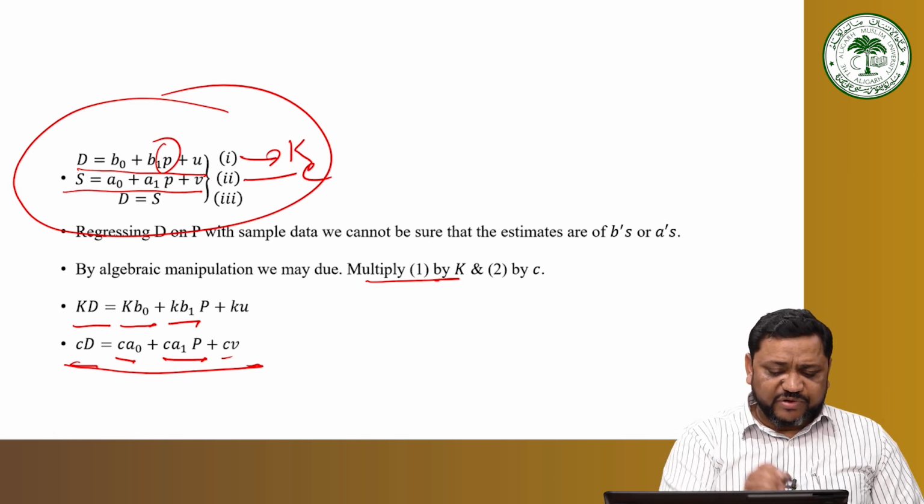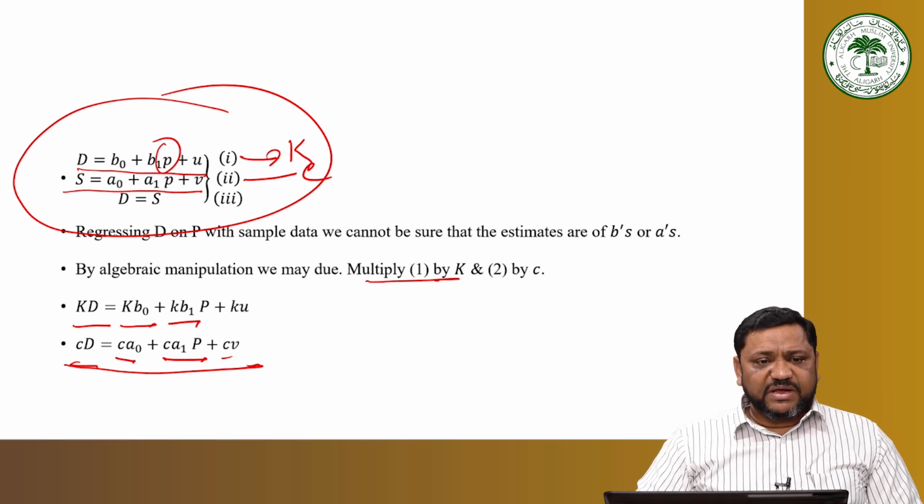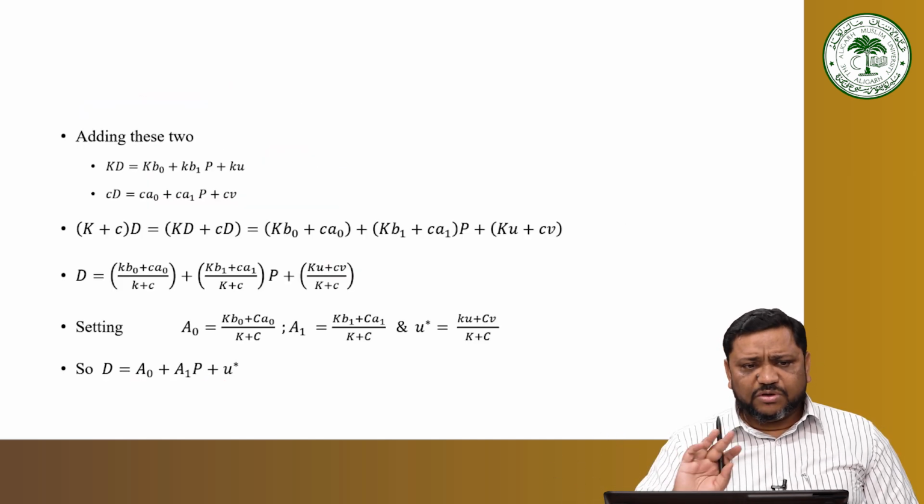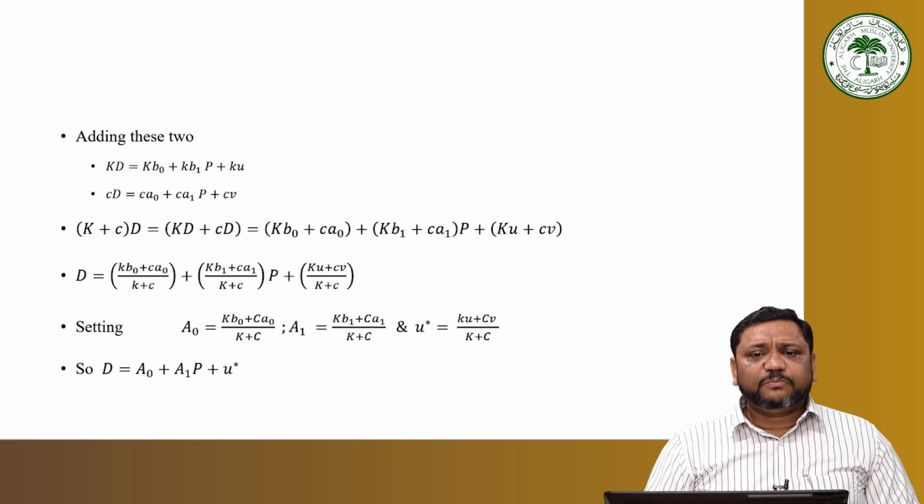The third equation is basically an identity that doesn't create any issues, so we don't do anything with that.